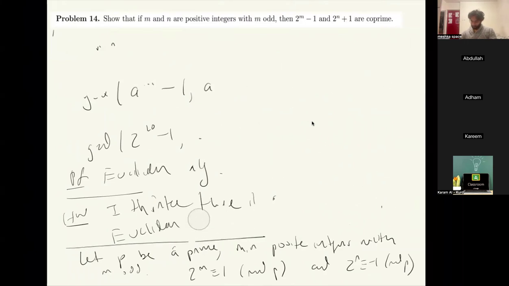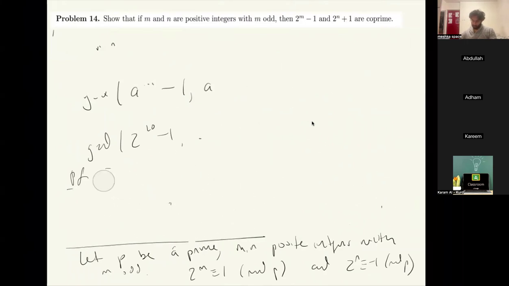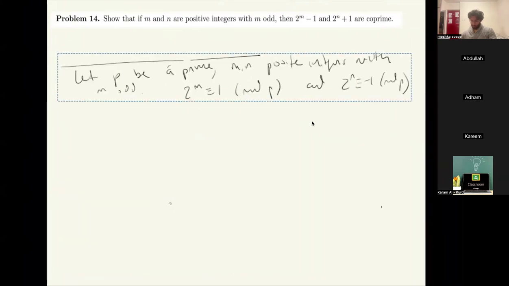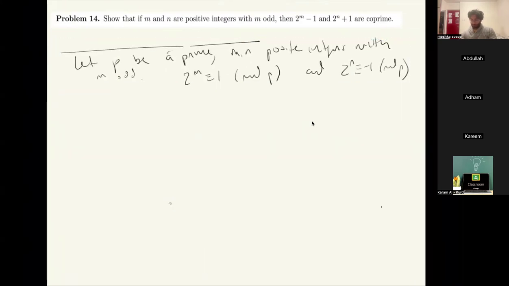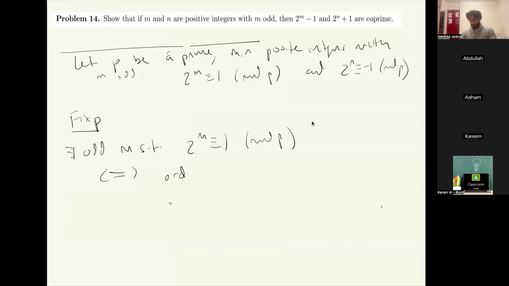Okay, so for fixed p, there exists odd m such that 2 to the m is congruent to 1 mod p. This statement is equivalent to saying the order of 2 mod p is odd. These are exactly the same statement.